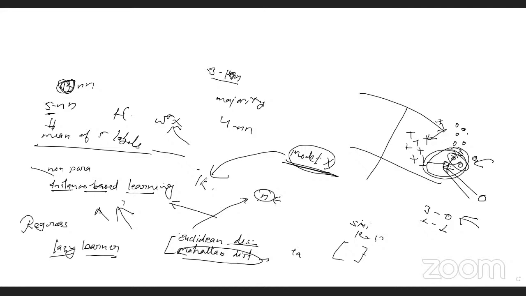Okay, so one thing: how to decide k. Which value of k will you prefer? So k here is a hyperparameter, right? How will you find the best value for k? You have hyperparameter tuning.